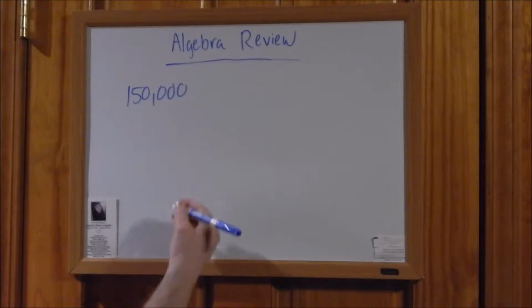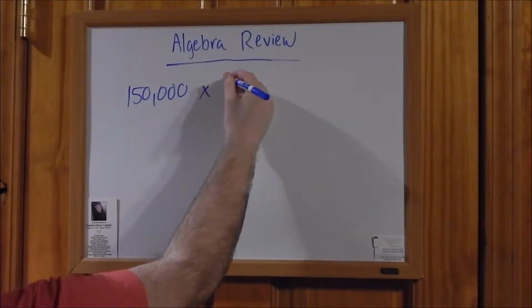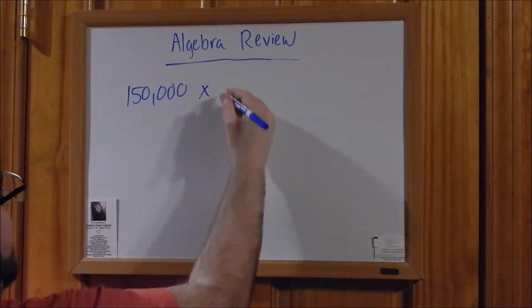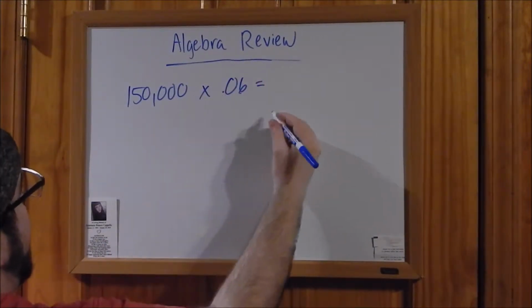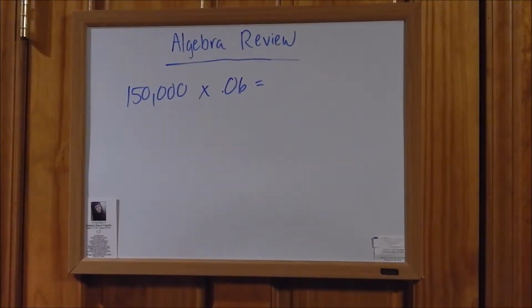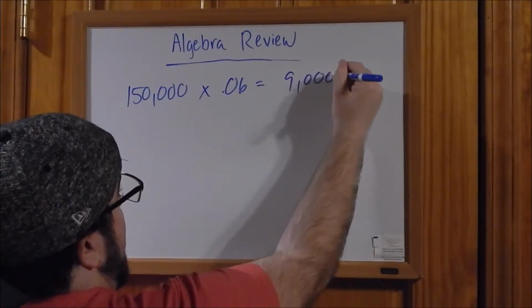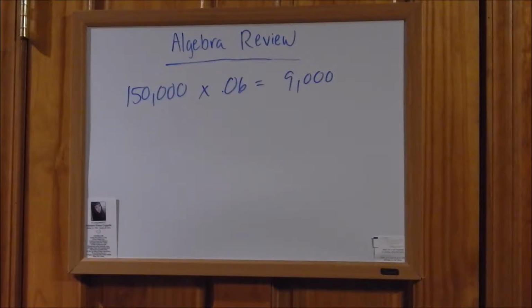Oh, this is easy. All we have to do is multiply it by 6%, right? How do we multiply by a percentage? All we do is we change it to a decimal. Times 0.06 equals, whatever that equals. 150,000 times 0.06 equals 9,000. That's a nice payday, right?